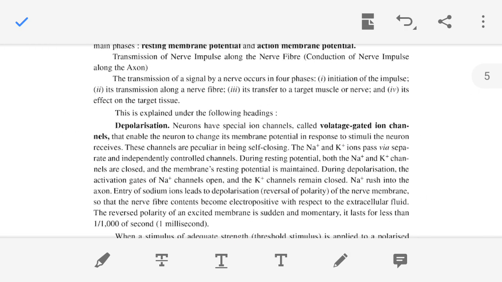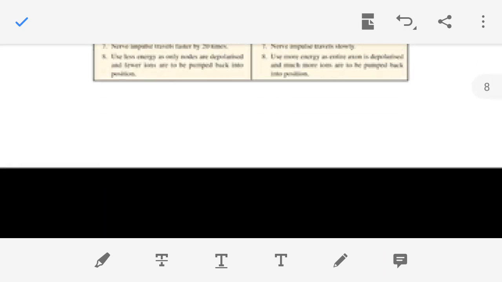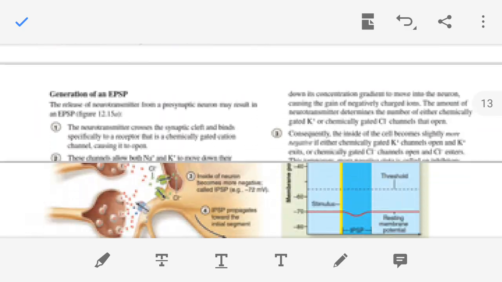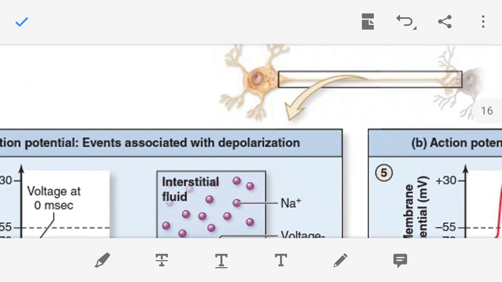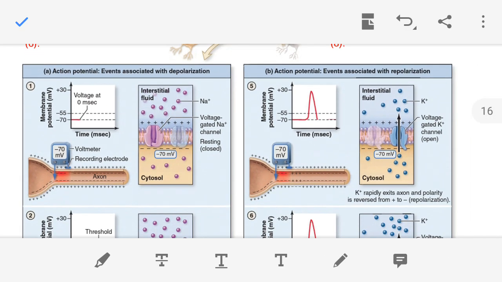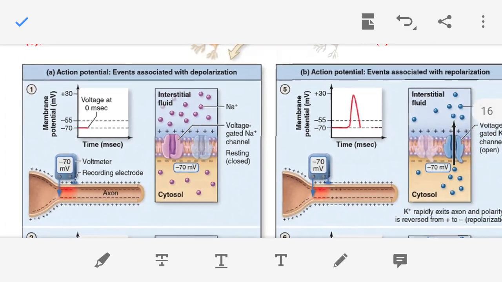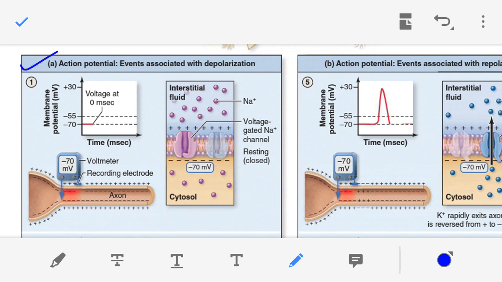So the first phase is the depolarization phase. Okay, so now we are discussing this depolarization process. Now in this figure, see action potential, events associated with the depolarization.